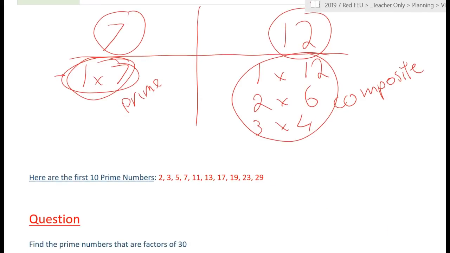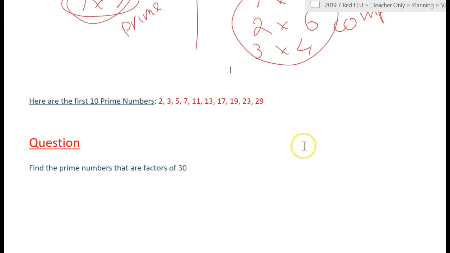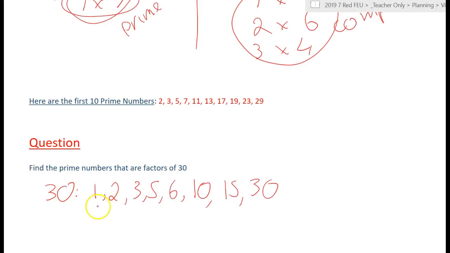Let's use this as an example. Once you've written them down, let's do this question: find the prime numbers that are factors of 30. I'm going to list all the factors of 30 here, in ascending order. The question is asking me to find the prime numbers that are factors of 30.